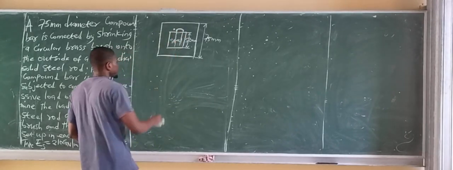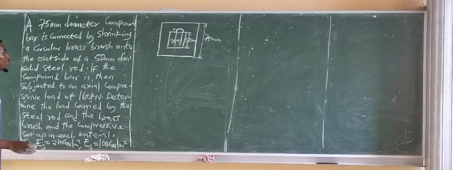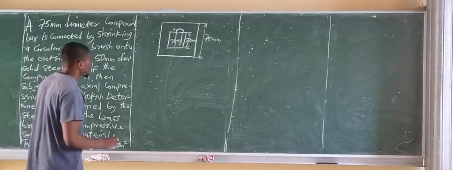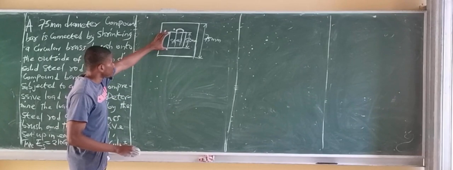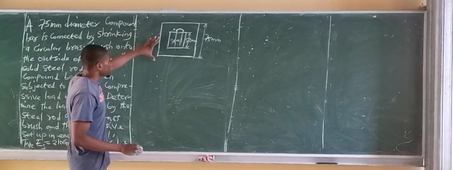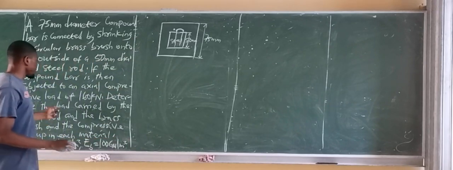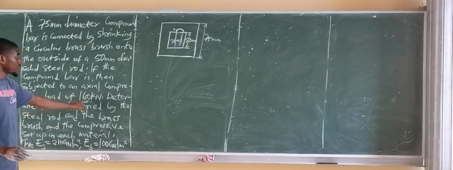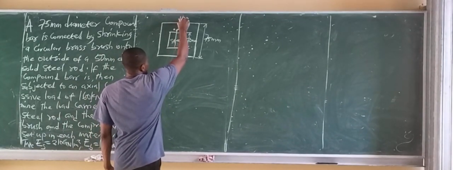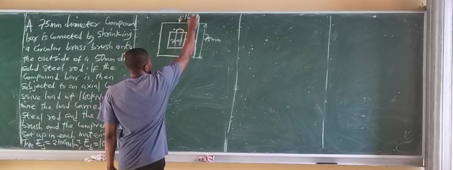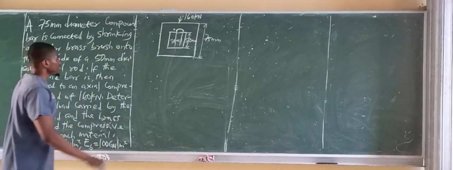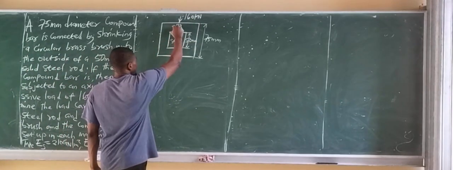The compound bar is then subjected to an axial compressive load of 160 kilonewtons. So there's a load carried by this compound bar. The load is simply 160 kilonewtons compressive.